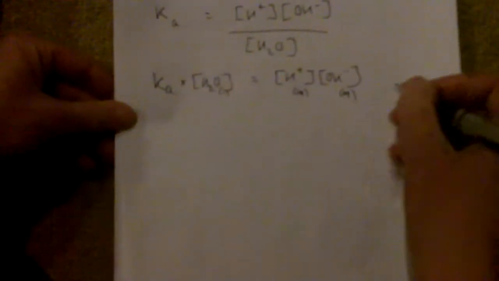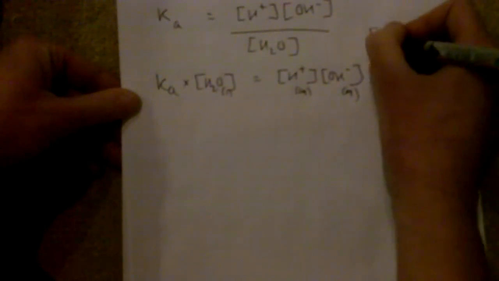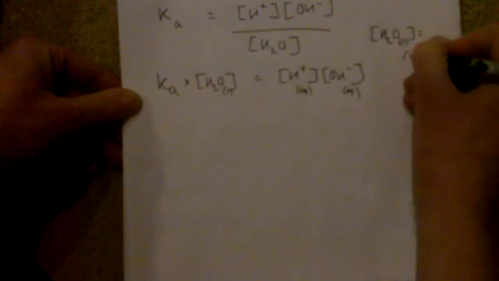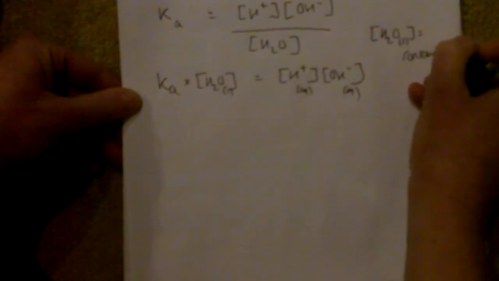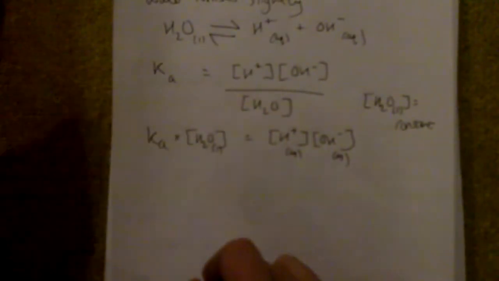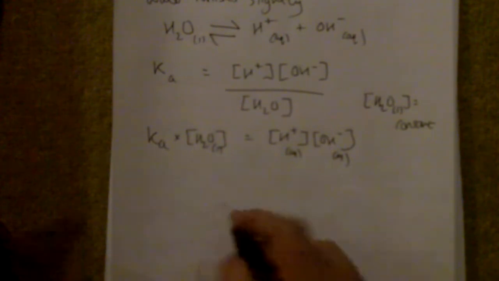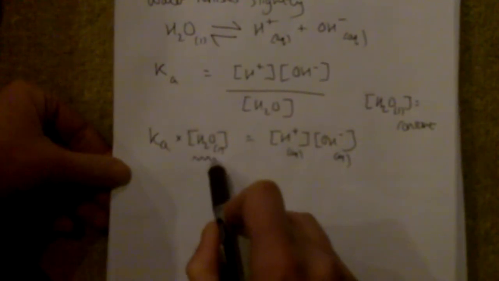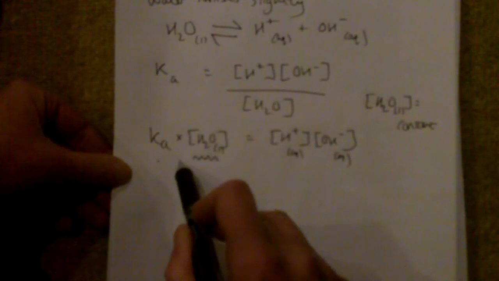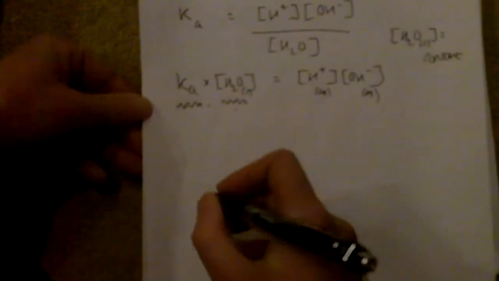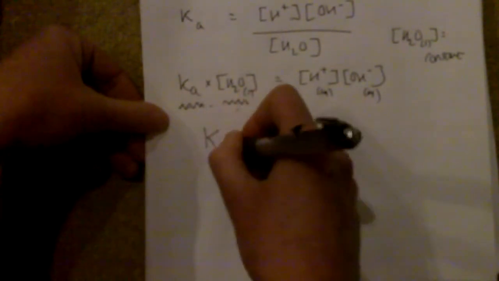Because hardly any of the water dissociates, if we do an approximation, we can say that the concentration of the water is effectively constant, because hardly any of it splits up. So this is a constant, effectively, an approximation. A constant times a constant is a new constant called Kw.